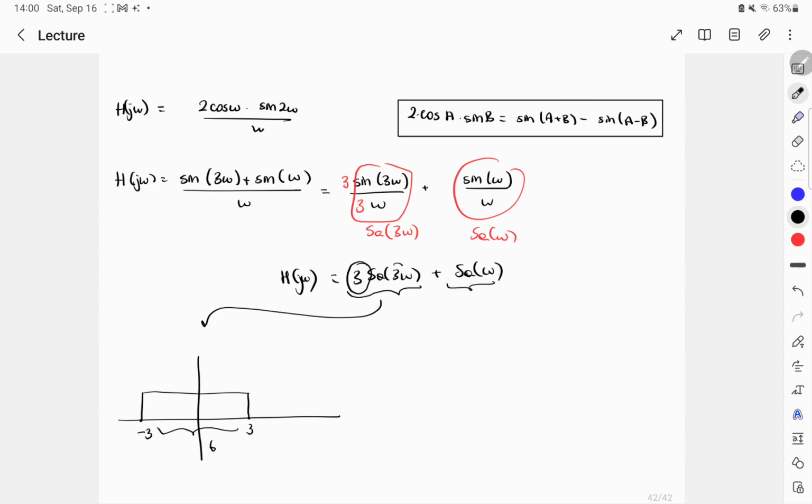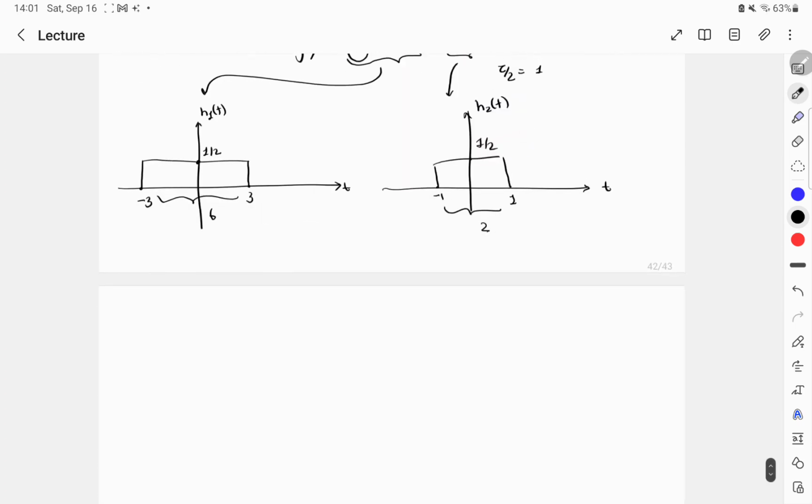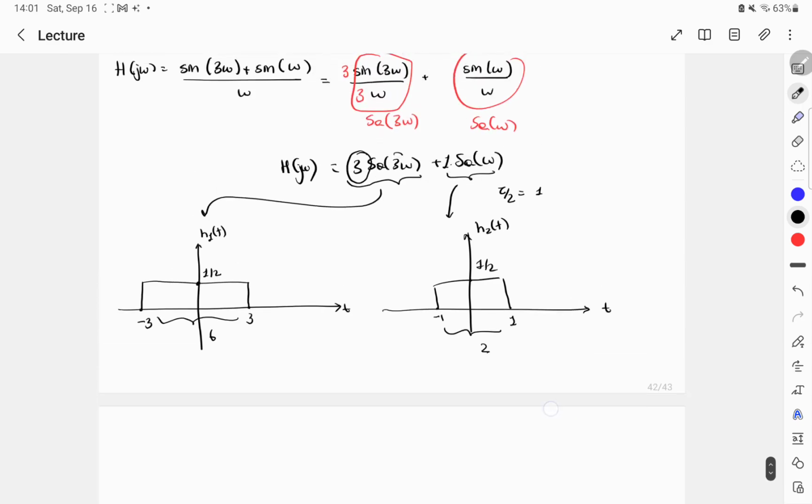In order to have 3 as an area, we need to have 1 over 2 as an amplitude, and this is, let me write it as h1(t). And this value over here will be, we have tau over 2 as 1, let me write this minus 1, and the area is 1 as well as the coefficient is 1. So since we have 2, we will have an amplitude of 1 over 2 here as well, h2(t). And then when we add these two up, we will have our function.